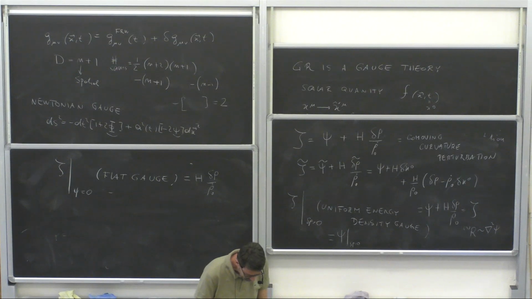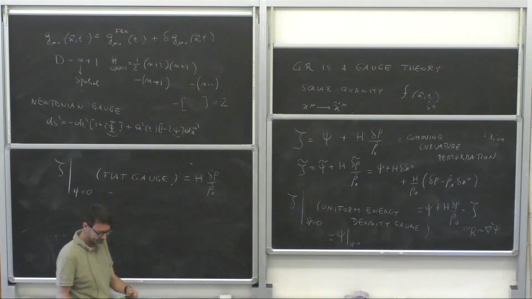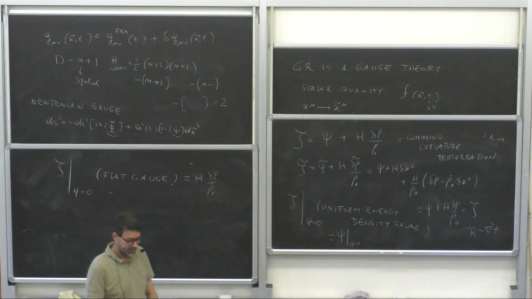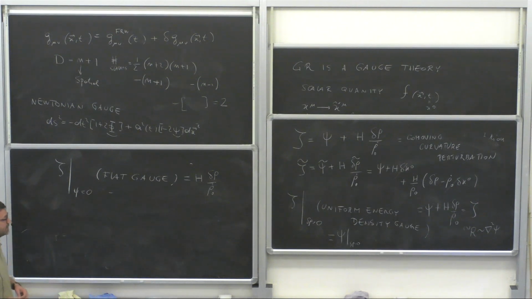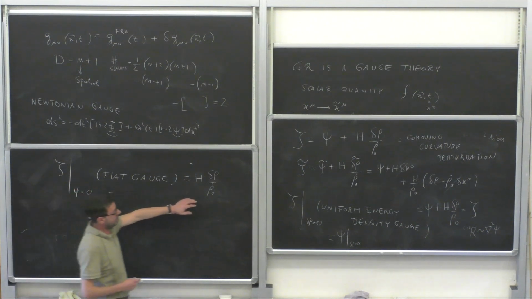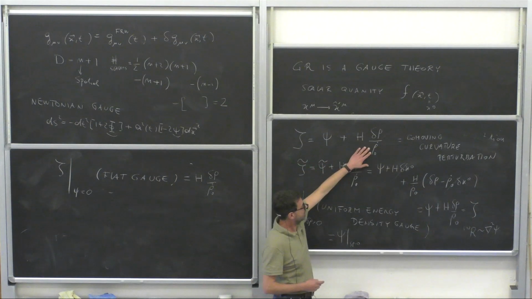Okay, so having said that, let me compute the power spectrum of this quantity here. Again, if you have enough time, you can do this. You see, this zeta mixes the metric to the real fluctuation.